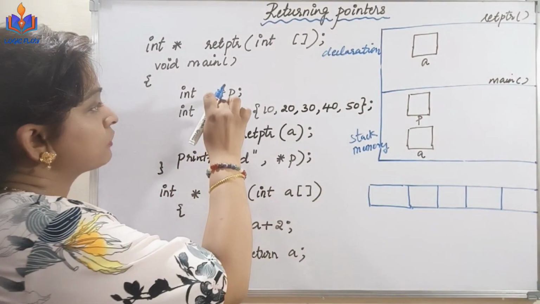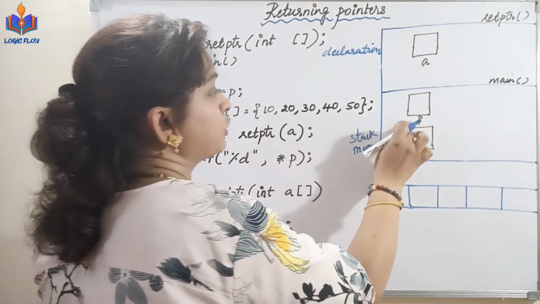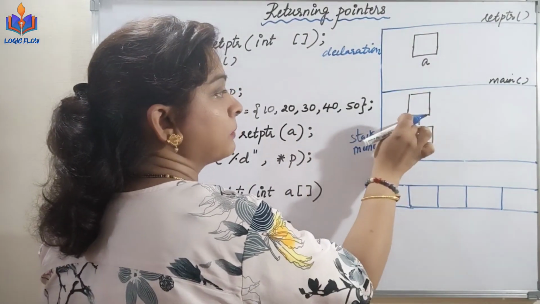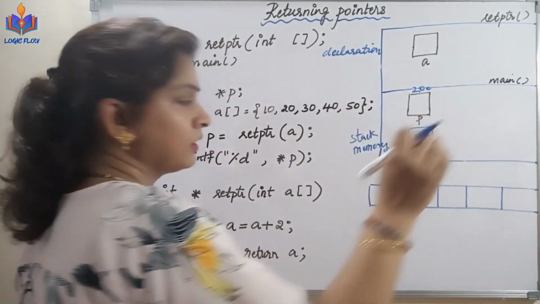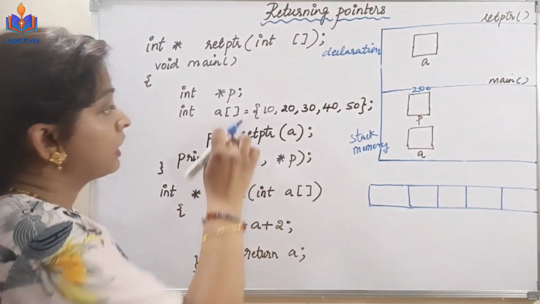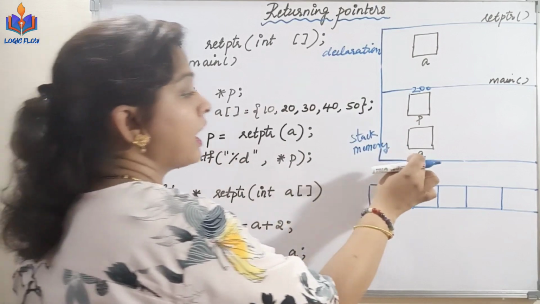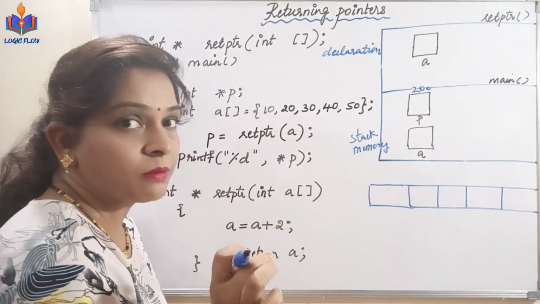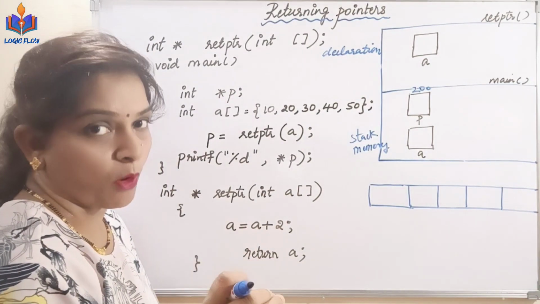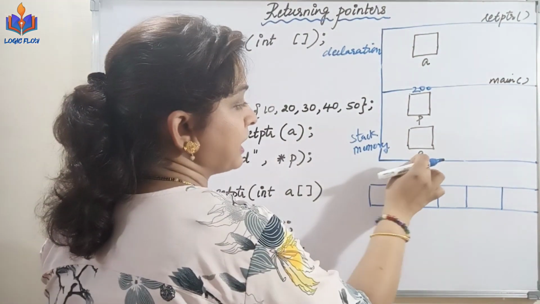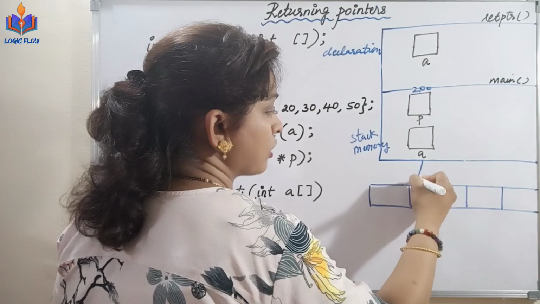Now we have an integer pointer. Here I am going to get the memory for the pointer variable p. It will have some address, something like 200. A pointer will also have an address. Now the array a: the array name represents a constant pointer.